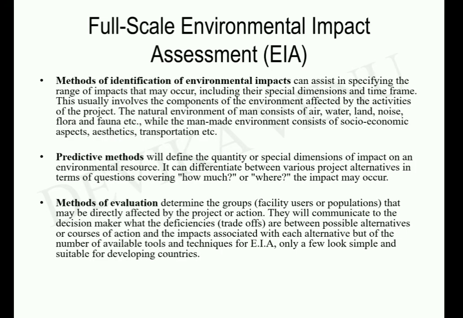The second one is the predictive methods. The predictive methods define the quantity or spatial dimensions of impacts on an environmental resource. They can differentiate between various project alternatives in terms of questions covering how much or where the impact may occur.